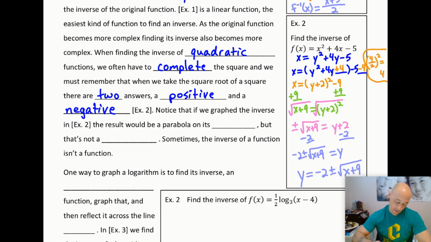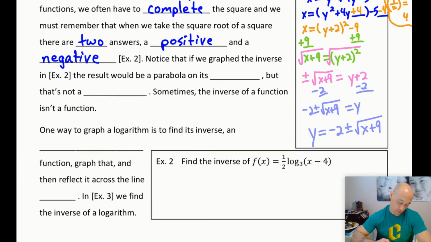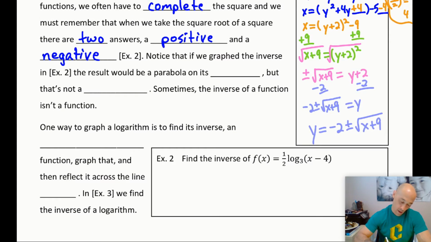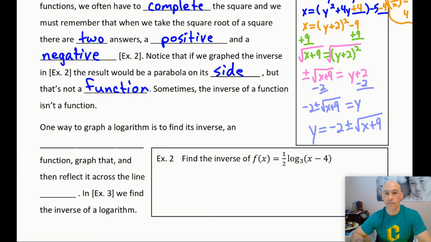Notice that if we graphed the inverse in example 2, the result would be a parabola on its side. But that's not a function. Sometimes the inverse of a function isn't a function. One way to graph a logarithm is to find its inverse, an exponential function.